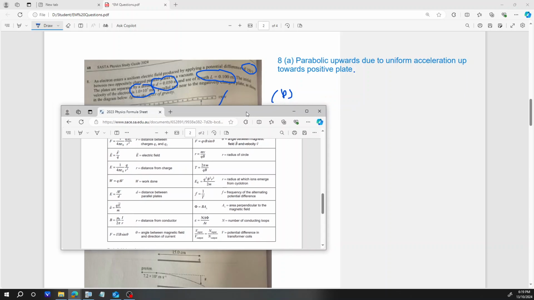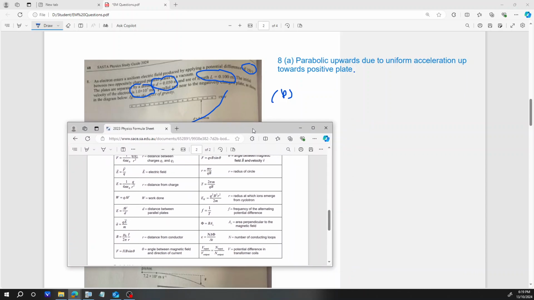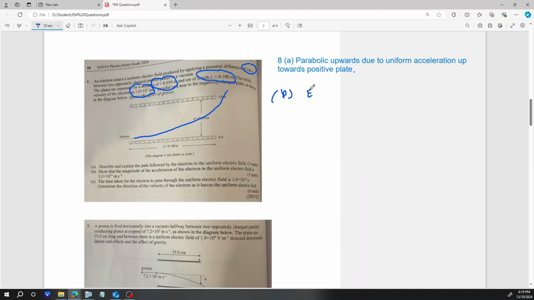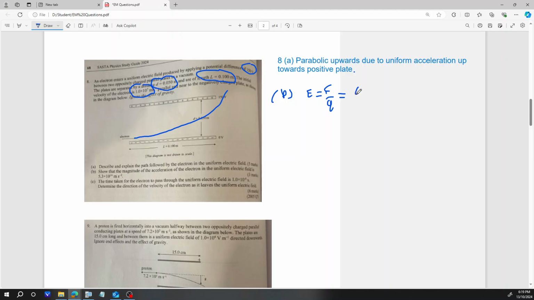So what we have: E is delta V on d. Remember, force is also mass times acceleration.